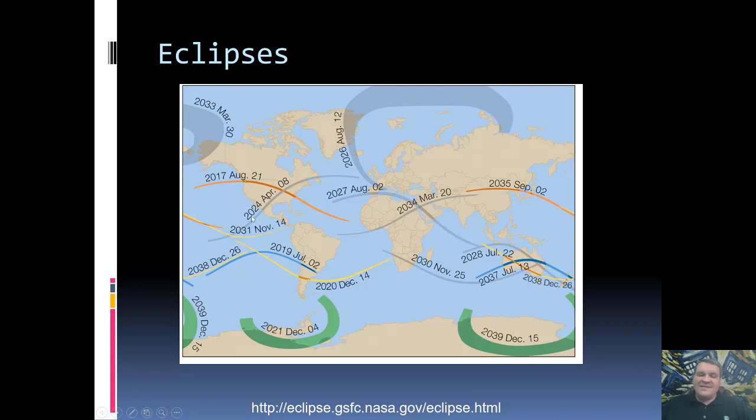Something that's kind of fun is that this one is actually happening on my wife's birthday. So we get to go see an eclipse on my wife's birthday. I'm super excited about this. I'm really hoping that things don't fall apart like they did the last time. Anyway, so each of these is actually the line of totality. So on that given day at the right time, if you're in one of those regions, you'll be able to see a total solar eclipse.